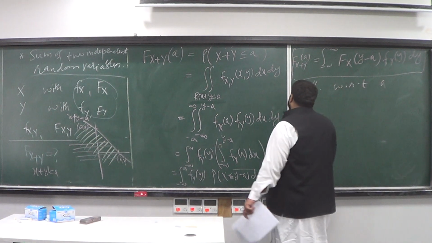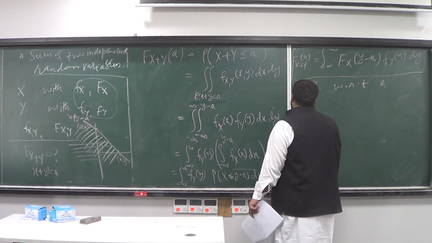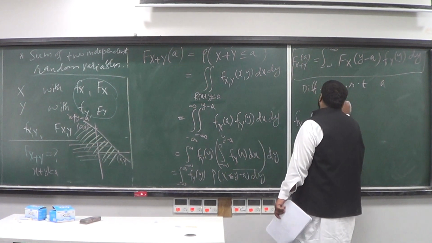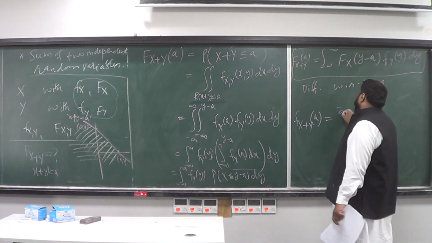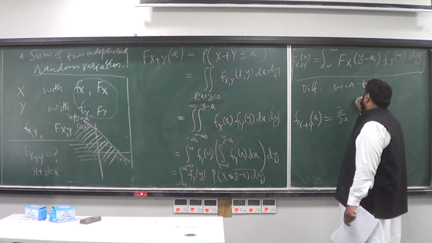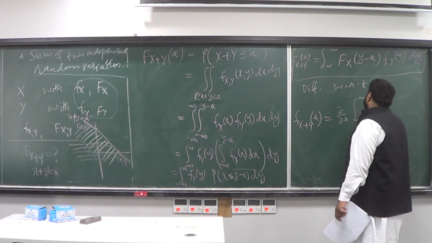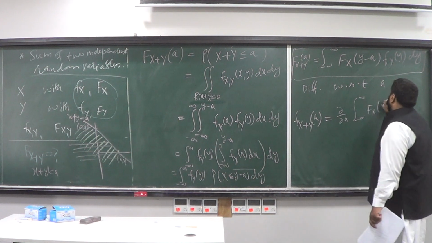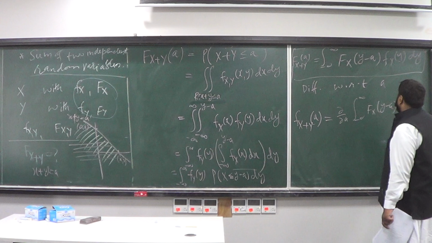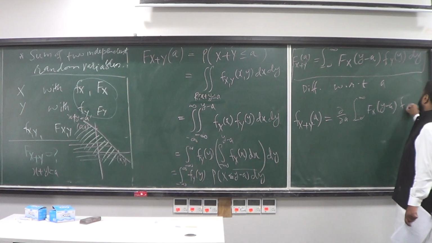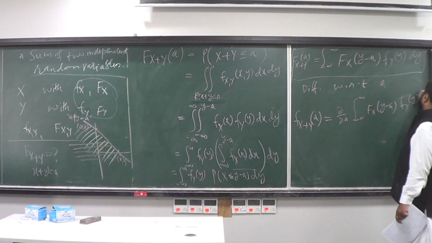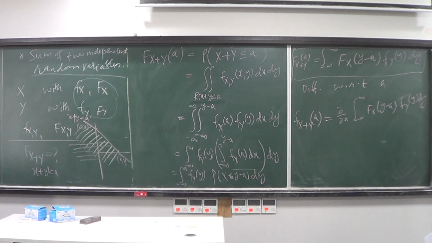You're going to get the p.d.f of the sum, f of x plus y at a, equal to the partial derivative with respect to a of the integral from minus infinity to infinity of Fx of y minus a, fy of y, dy.